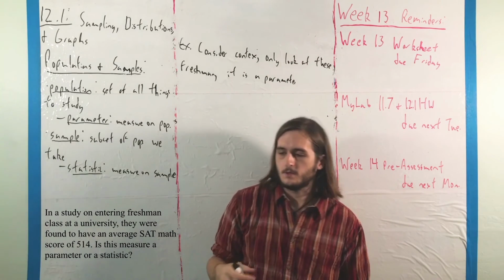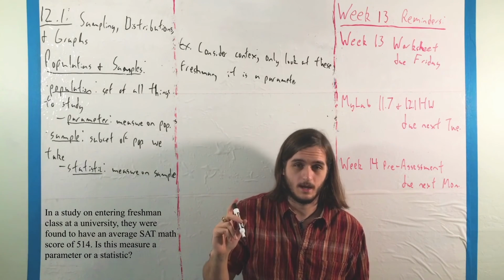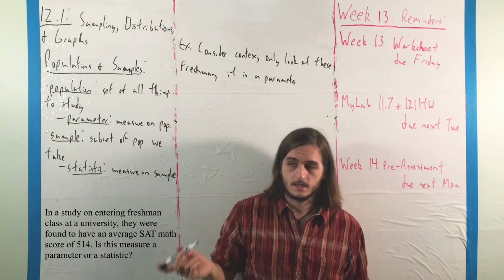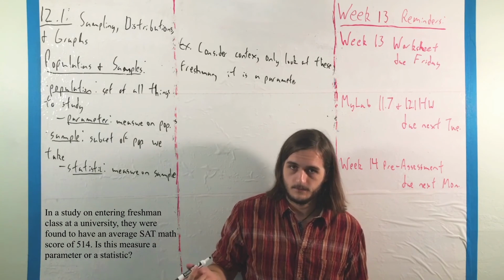Again, the difference between a population and a sample is subtle and based entirely on what we're looking at. And here, as a result, the difference between a parameter and a statistic can be pretty subtle.